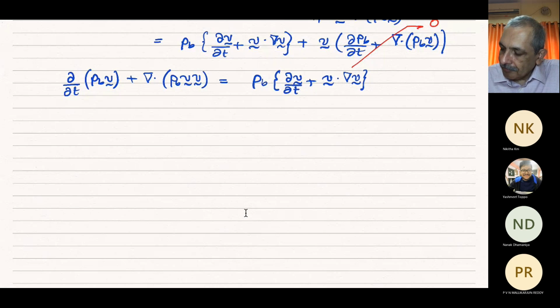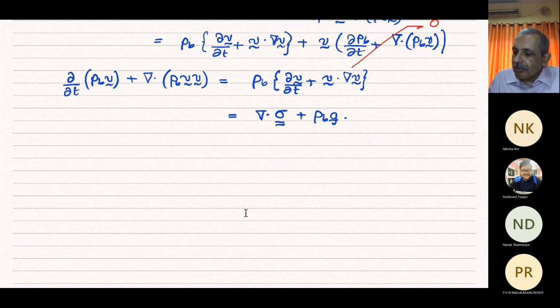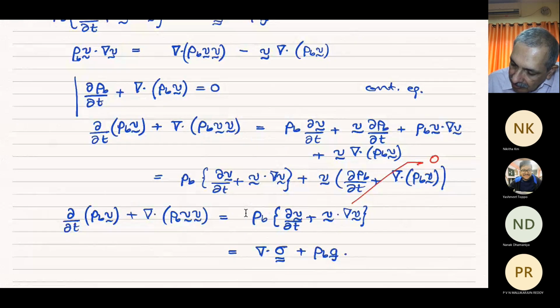So then I can write down divergence of sigma, where sigma is the stress, plus rho b into g. So this is another way of writing the momentum balance equation. And so this is what we'll use. And we will use this as the continuity equation.